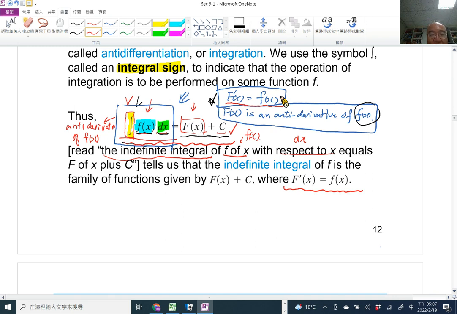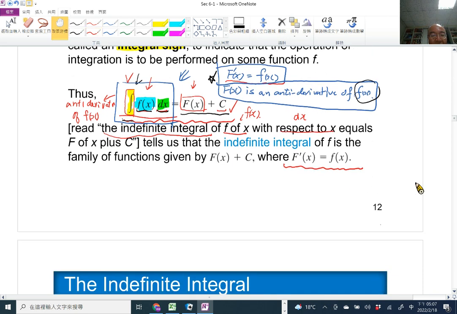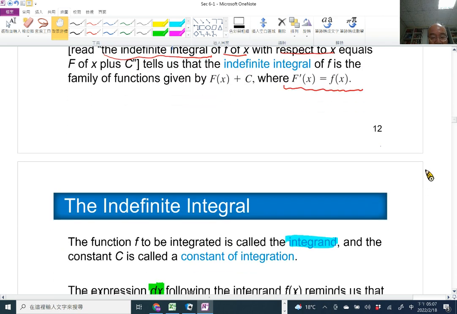With this link we can express all the antiderivatives for f of x by the integral sign, f of x dx, equals capital F of x plus a constant c. So we formally use this sign to represent the general form of the antiderivative, and this is also known as the indefinite integral.